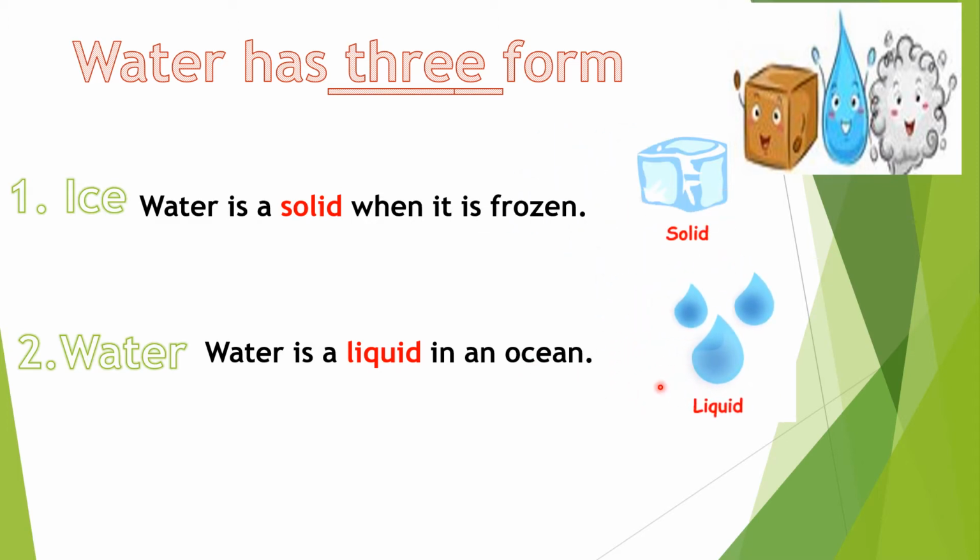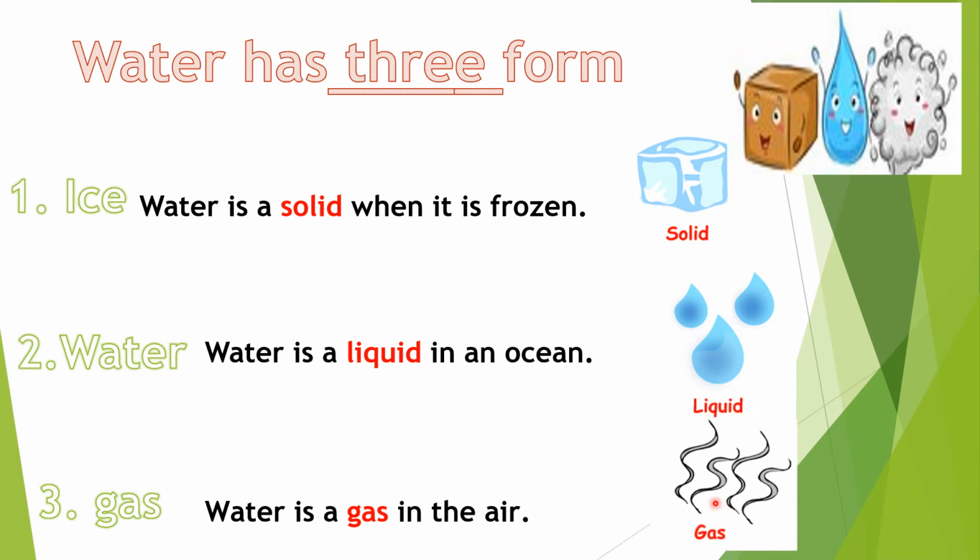This is liquid. Water is a gas in the air. So we have three states or three forms of water: solid, liquid, and gas. Solid as ice, liquid as water, and gas in the air.